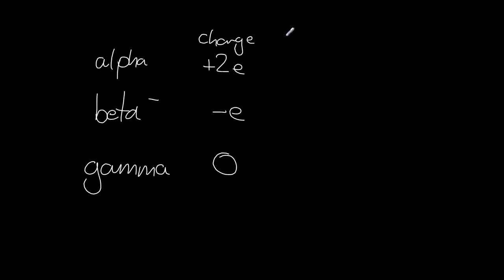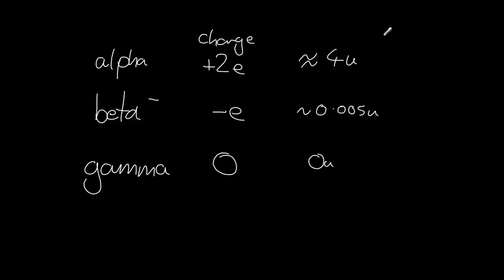In terms of the mass, an alpha particle is a helium nucleus, so this is going to be approximately equal to 4u. A beta particle is an electron, so that's going to be about 1 in 2,000th of a u, and a gamma ray has got a rest mass of 0u.